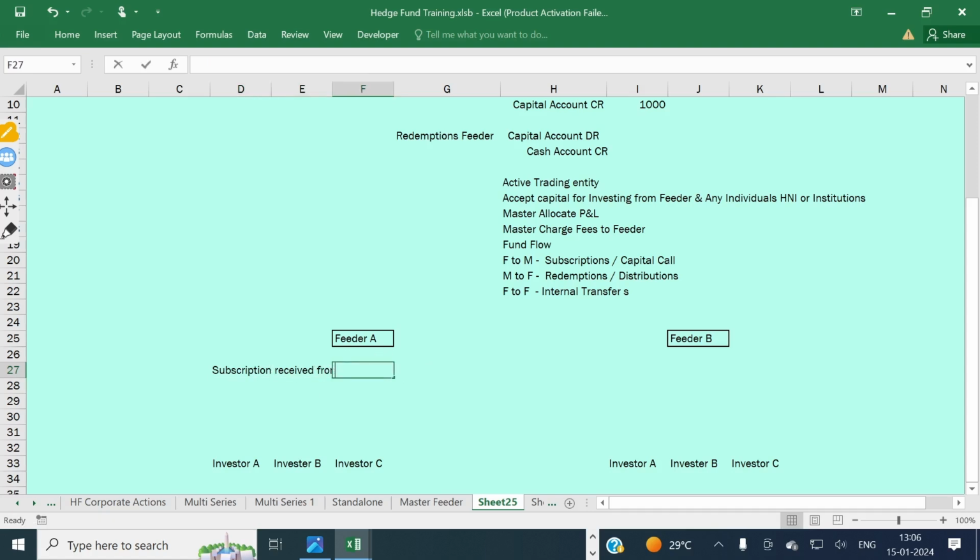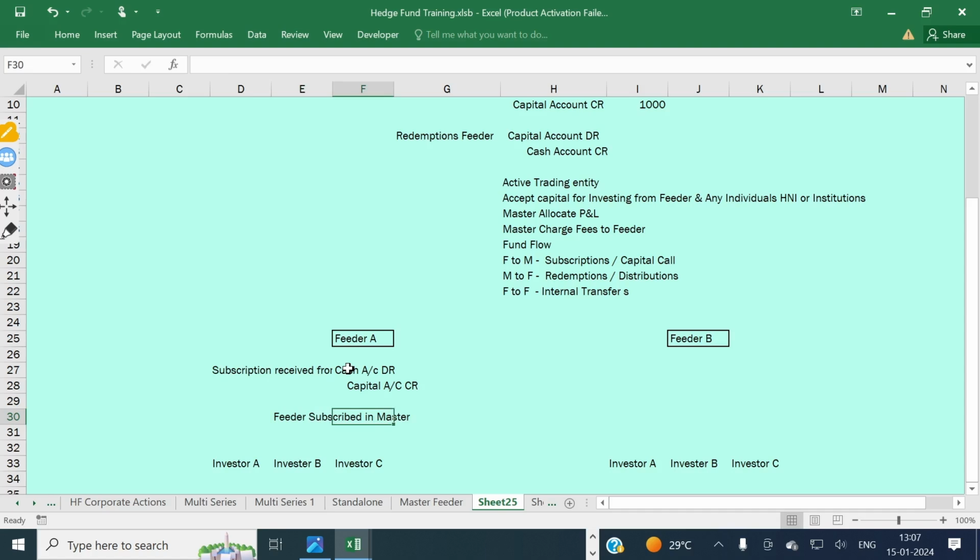The accounting entry would be cash account debit, capital account credit. And second, feeder subscribed in master.